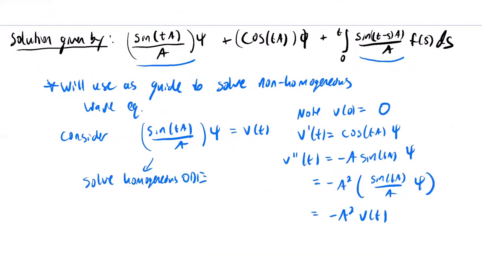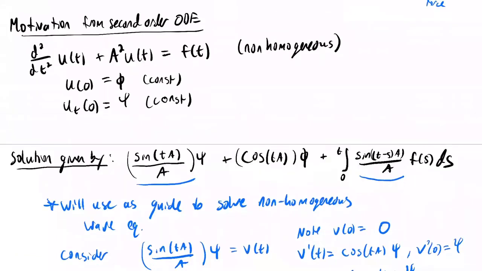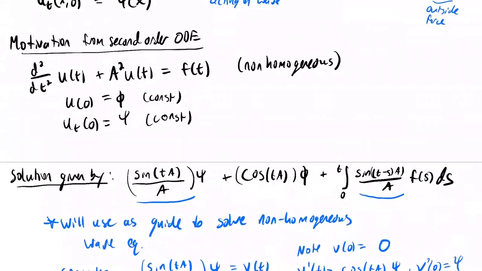with phi equals 0, right? And of course, well, right, so notice v prime of 0 up here. If I plug in 0, I get c. Right, why does it solve the homogeneous equation?